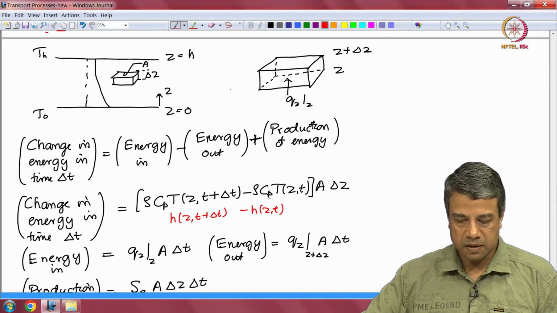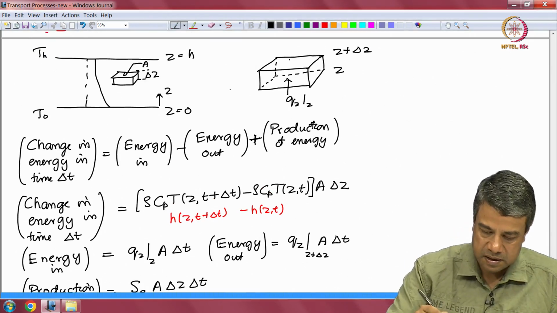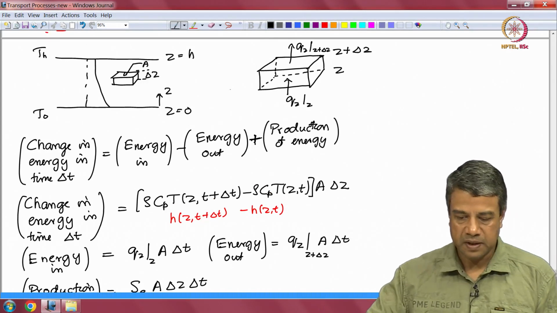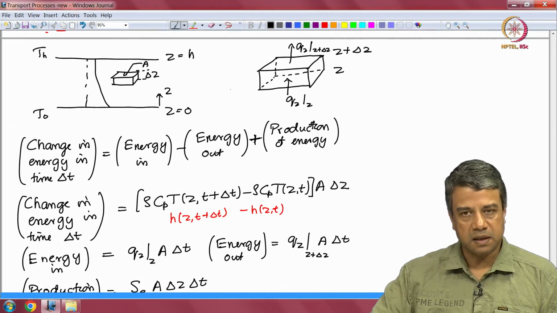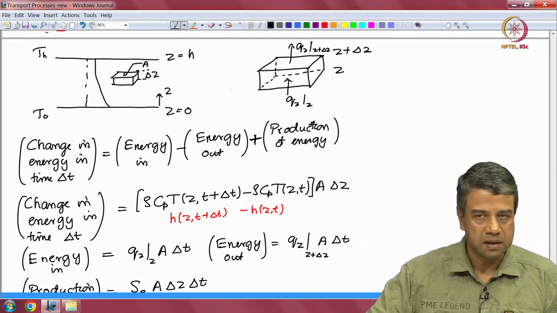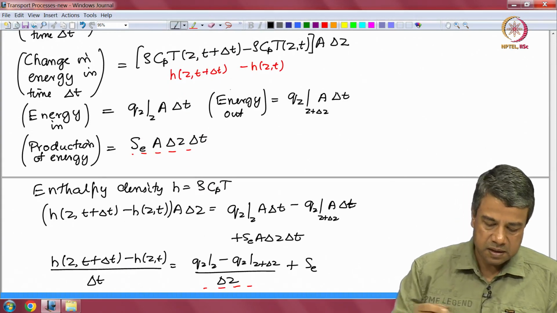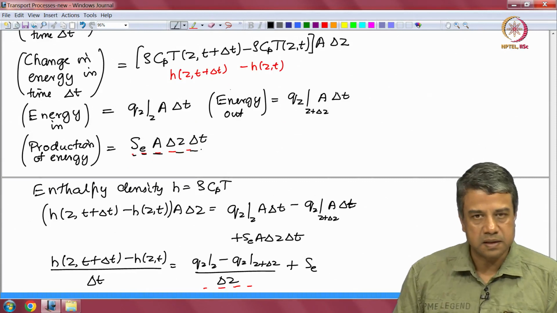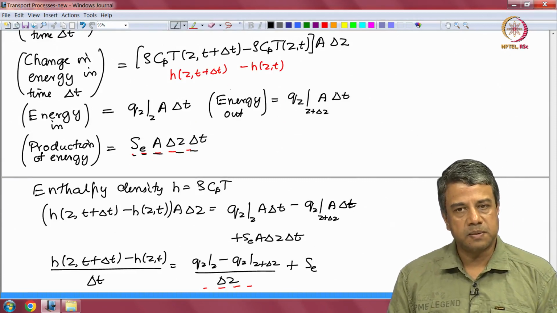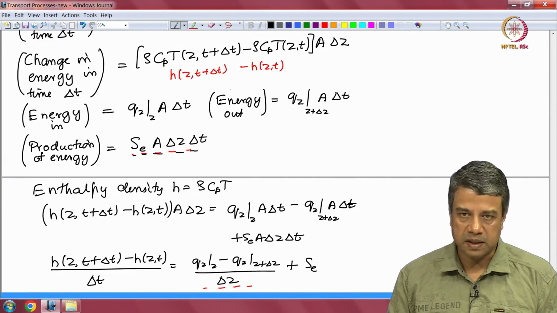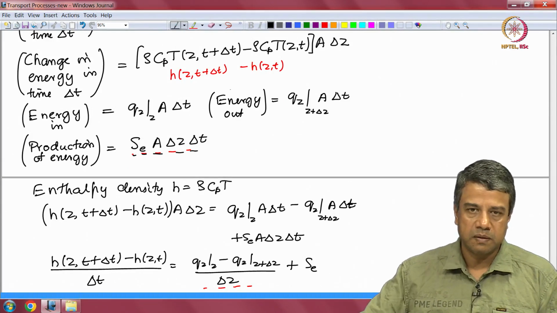Energy in due to the flux coming in at the location z, and energy out due to q z at z plus delta z. So, that is energy in at the location z, energy out at the location z plus delta z, the difference between those two, and then this is the source of energy. This S E is an energy produced per unit volume per unit time multiplied by volume multiplied by time.